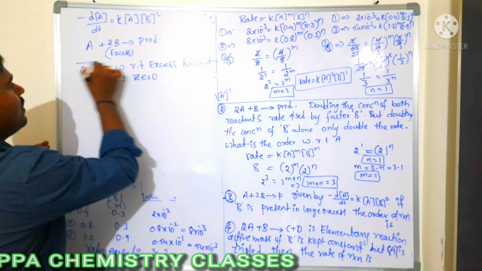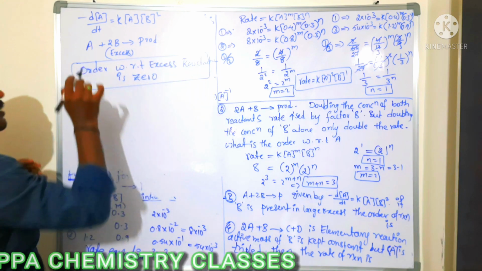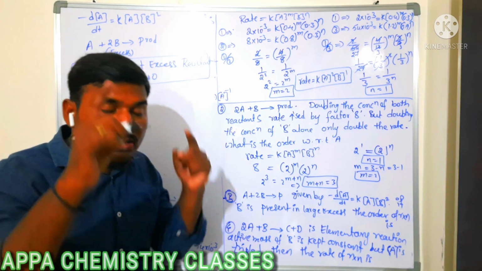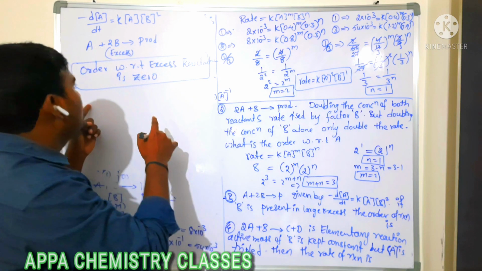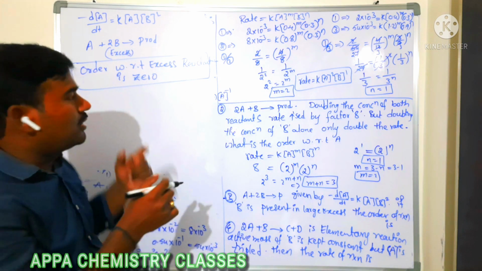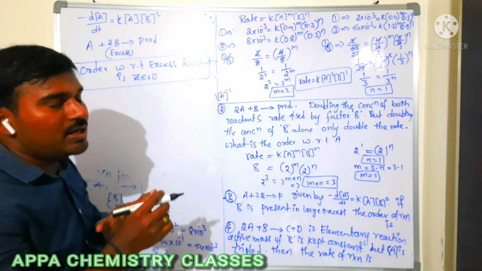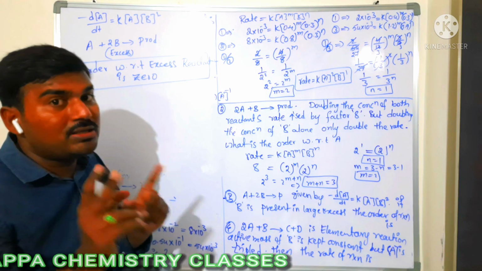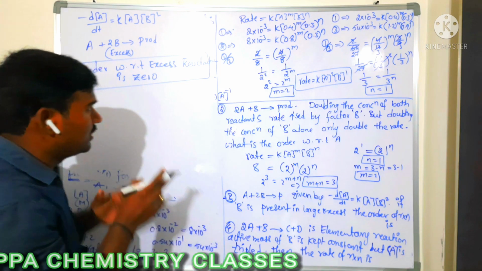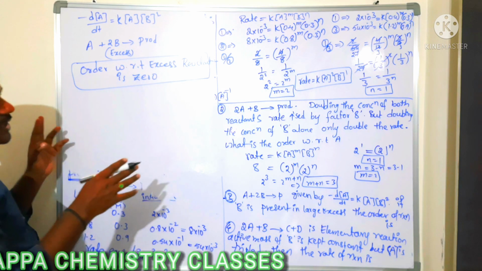Do remember this one. So based on that concept of the limiting factor, we can say that the order with respect to excess reactant is 0, because rate does not depend on the excess reactant. Is that clear? So that is very important.